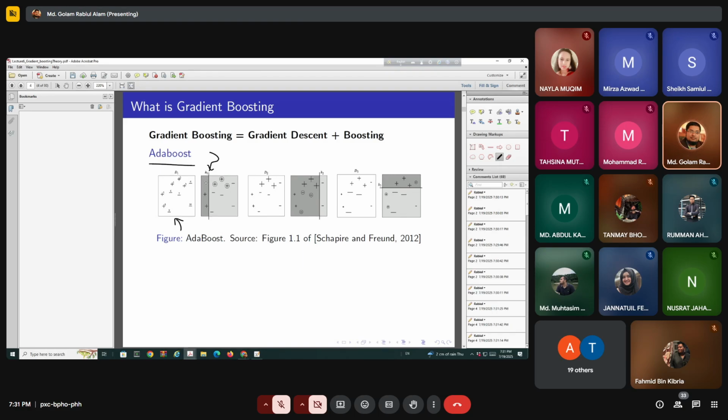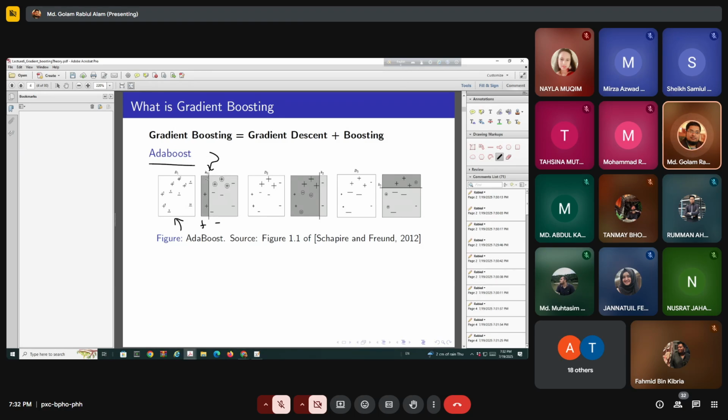There is H1, and H1 will split our data set, or we can say it performs the classification. Let's say this left side is positive and this side is negative.